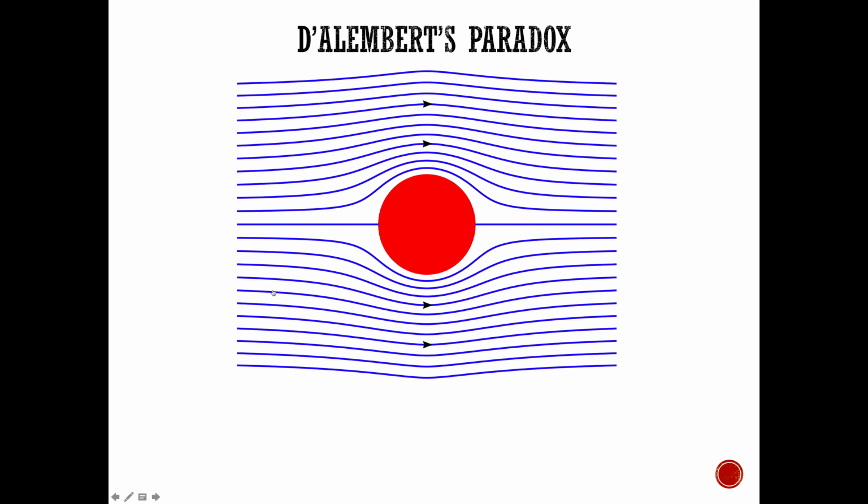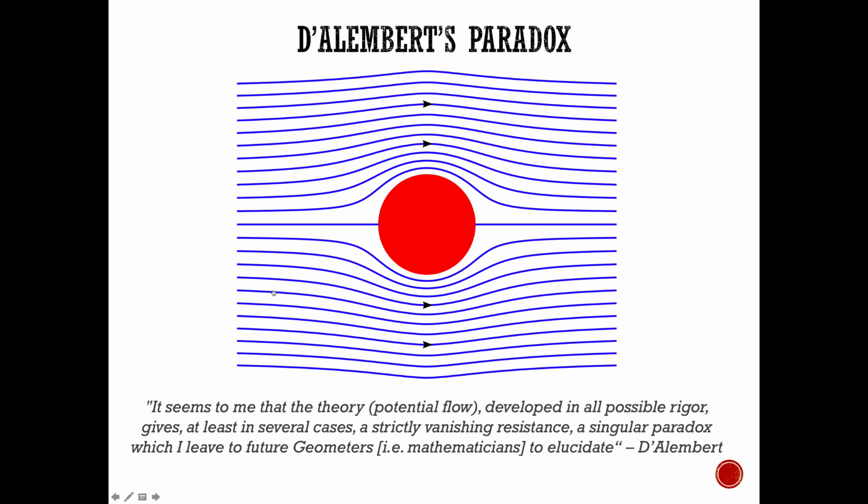Well, it's obvious because they didn't take friction and viscosity into account, which again was not even thought of before Prandtl, right? So that led to d'Alembert's paradox: it seems to me that the theory of potential flow, developed in all possible rigor, gives, at least in several cases, a strictly vanishing resistance, a singular paradox which I leave to future geometers to elucidate.